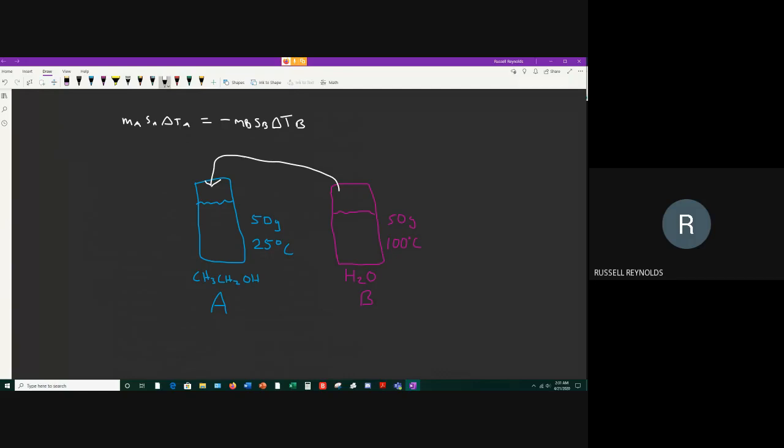So the question we have to solve is, what is the final temperature of the solution when we mix 100 degree water with 25 degree ethanol?